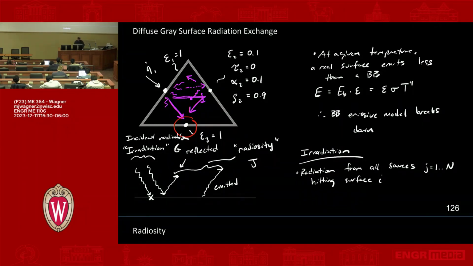And the other thing is that radiation from j to i can be emitted from j or reflected from j.